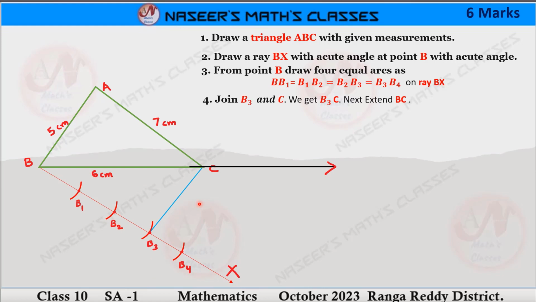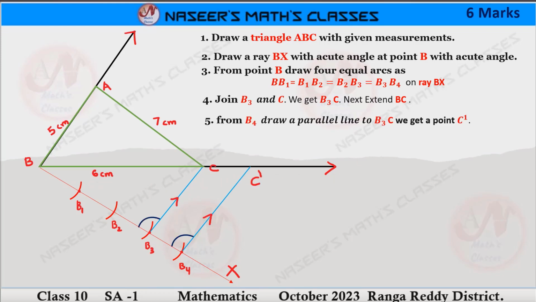Join B3 C, then we get the line B3C. Next we have to extend the line segment BC. From point B4 we have to draw a line parallel to B3C.